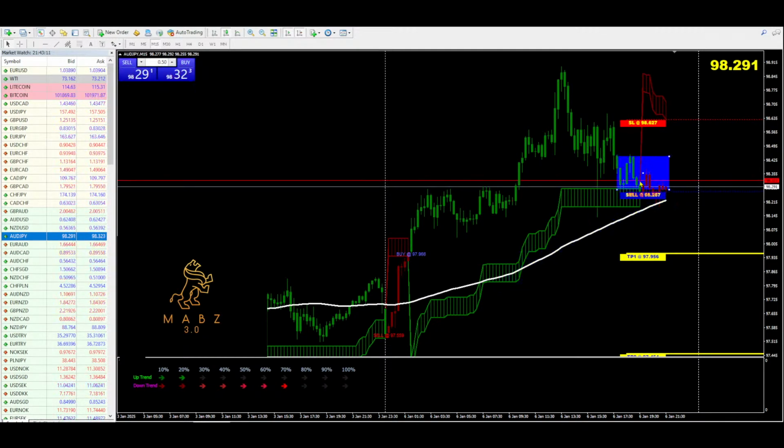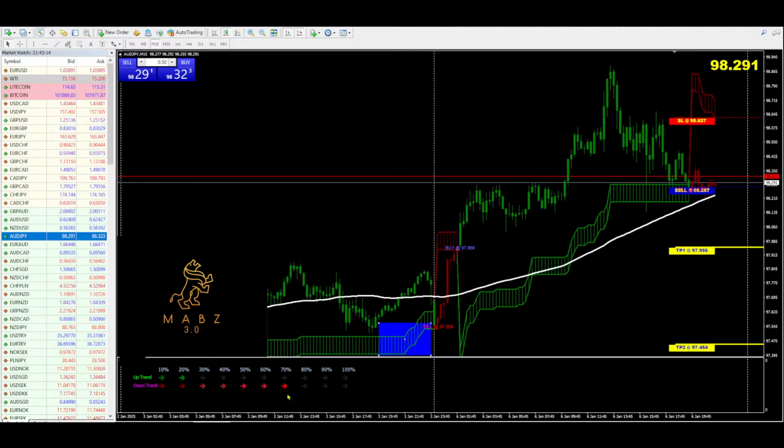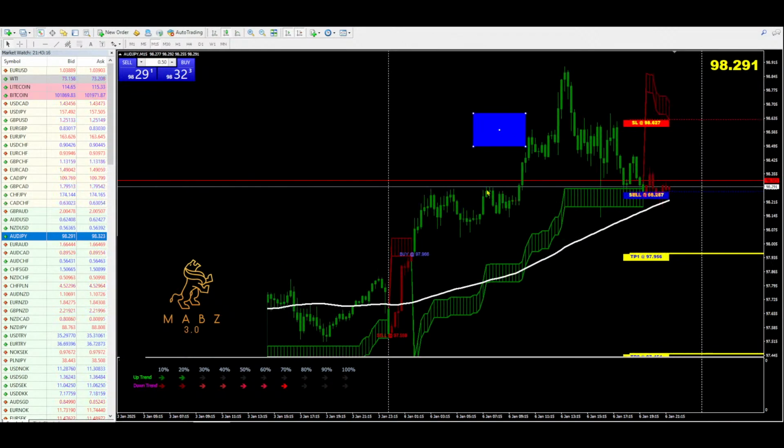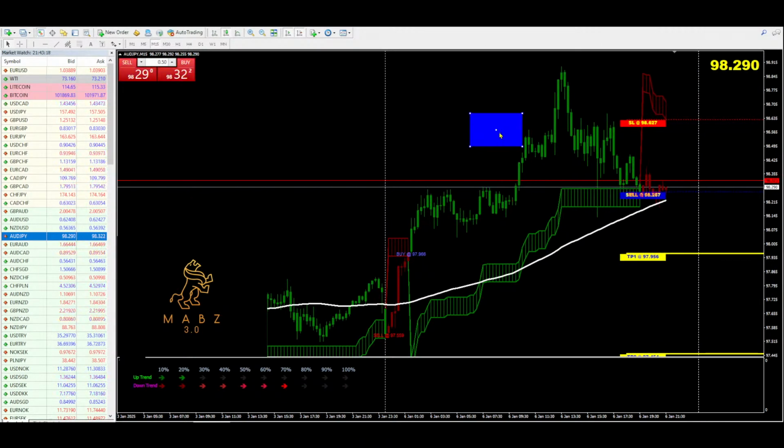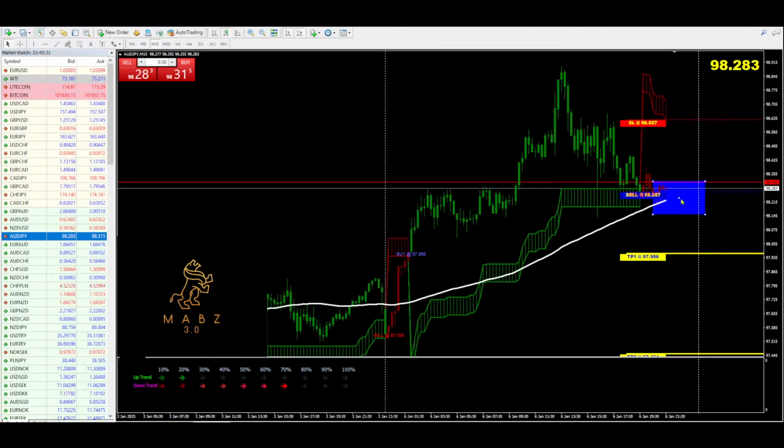That makes this trade invalid for us to take, even though the volatility meter says 70%. This is a trade that we would avoid, because we only want to take sell trades if the price is under the moving average. You guys get that? If the market comes down here at a later stage, we can actually take it, because the price will be underneath the moving average, if that makes sense.